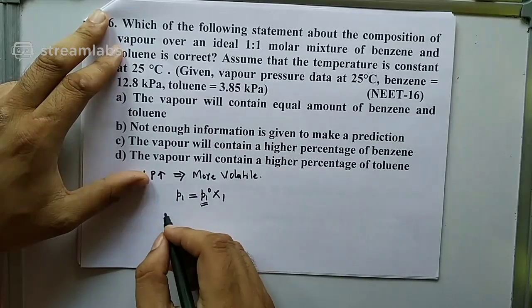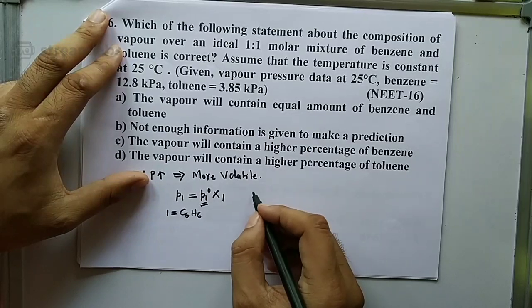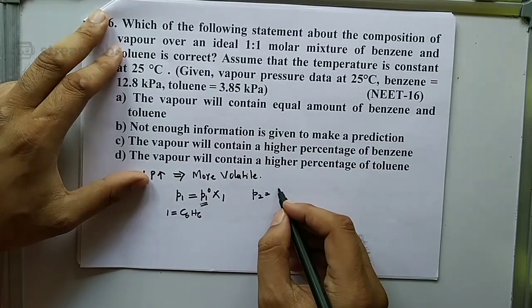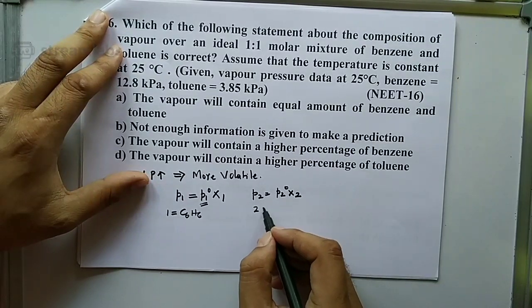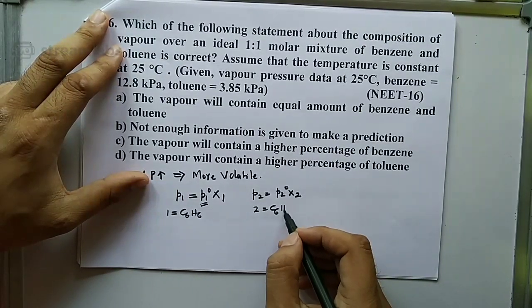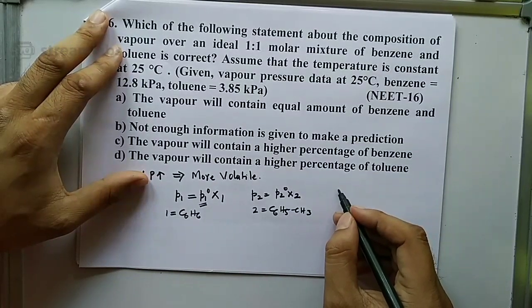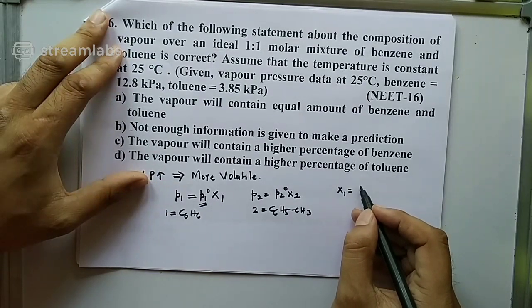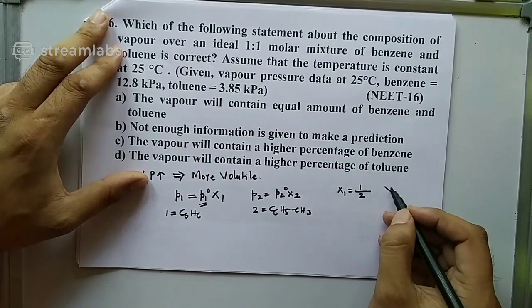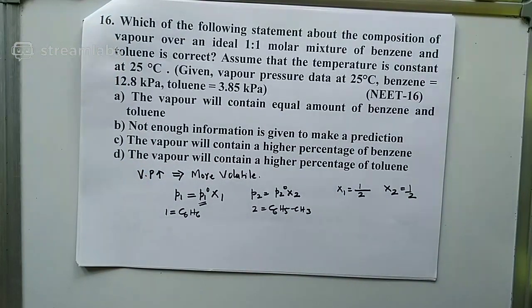Let me say this 1 is for benzene, P2 is equal to P2 naught x2, and we shall take this 2 as toluene, C6H5CH3. A 1:1 molar mixture means mole fraction of 1 will be equal to 1/2 and mole fraction of 2 will be equal to 1/2. I think this point is clear, students.